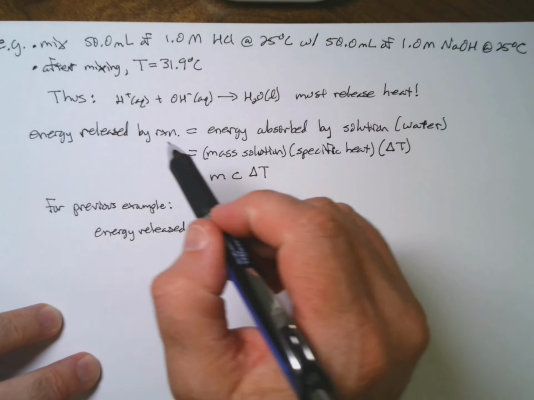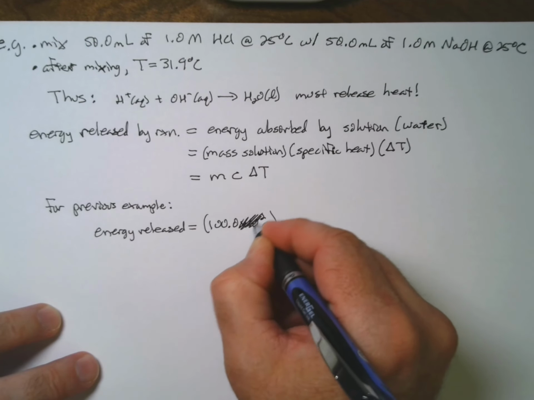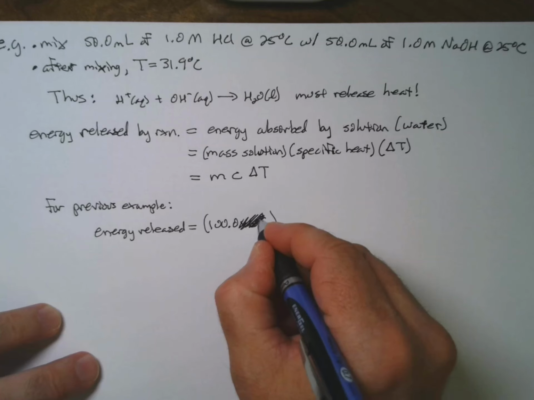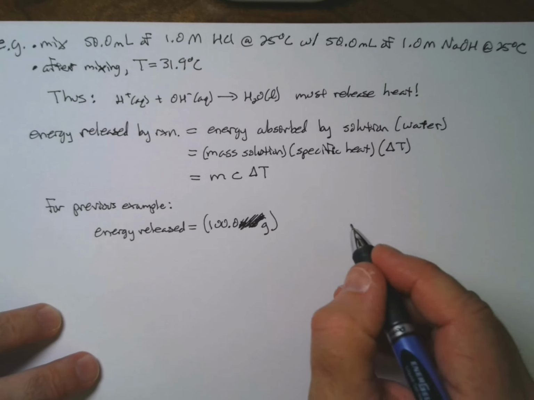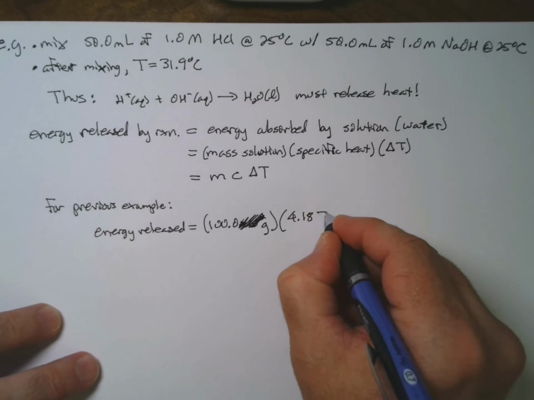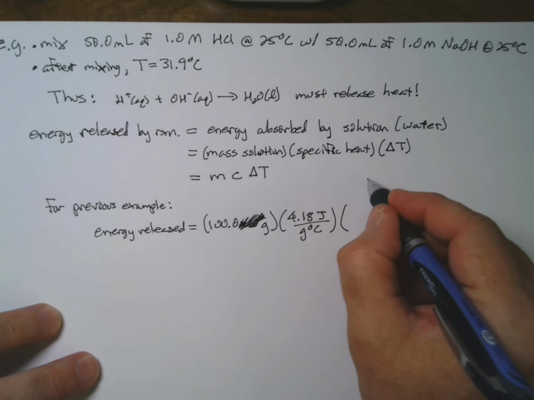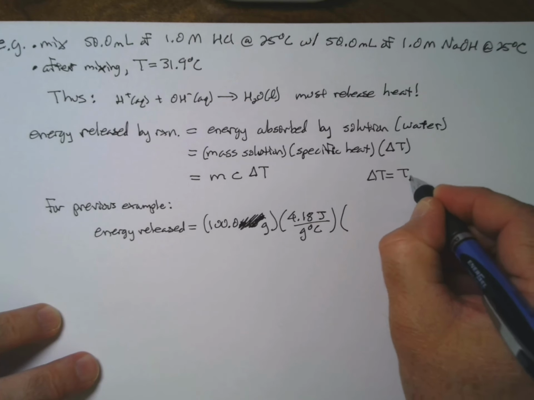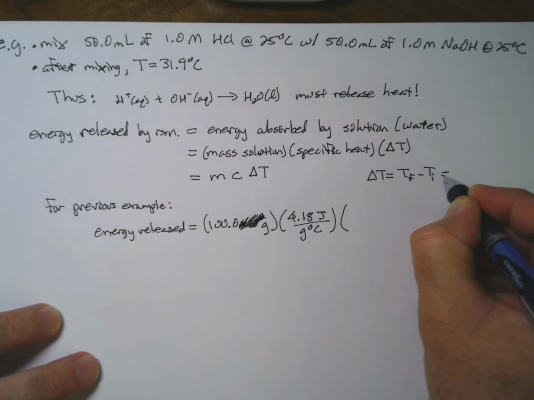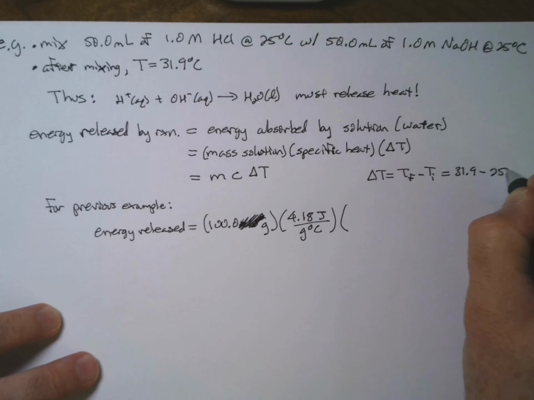That adds up to 100.0 milliliters. I'm sorry, I have it written differently in my notes here. So 100.0 grams times 4.18 joules per gram degree Celsius times, what's delta T? Delta T equals T final minus T initial, which is going to equal 31.9 minus 25.0 equals 6.9 degrees Celsius.